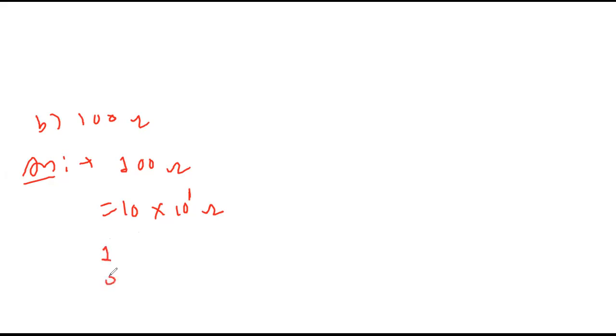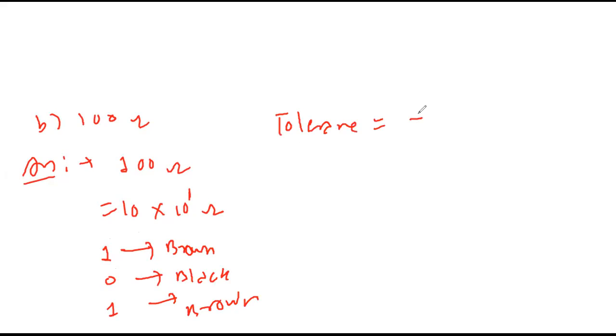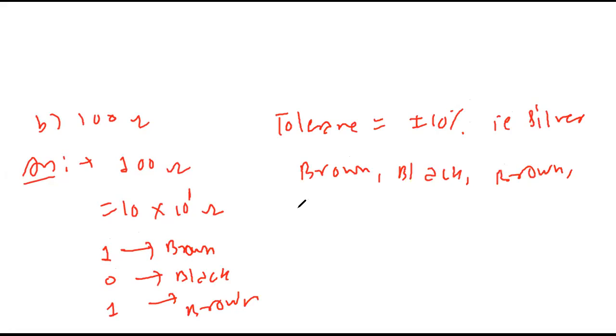Now tell me what is 101 corresponding to? One is brown, black, brown. And because tolerance is plus or minus 10%, therefore it will be silver. So we got color as brown, black, brown, silver.